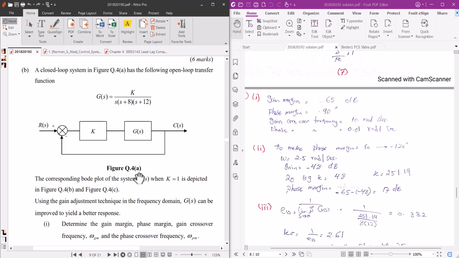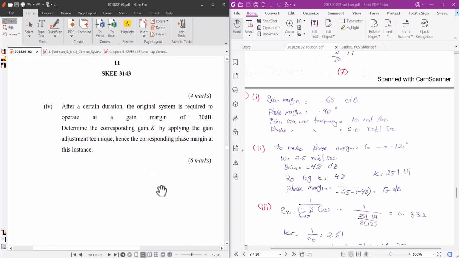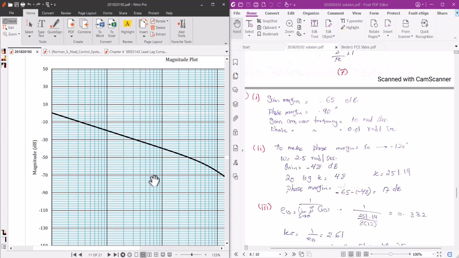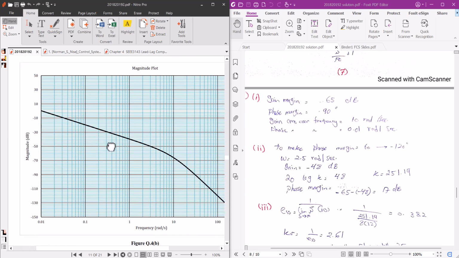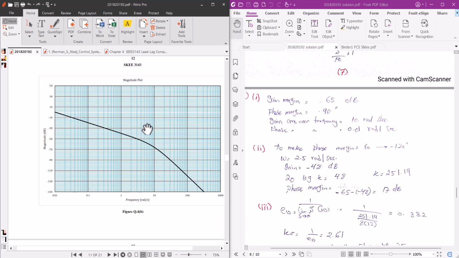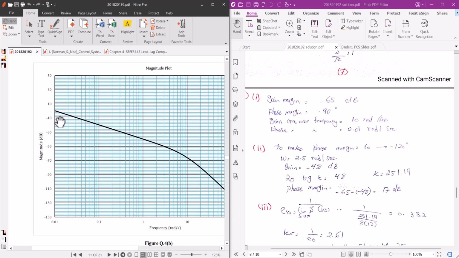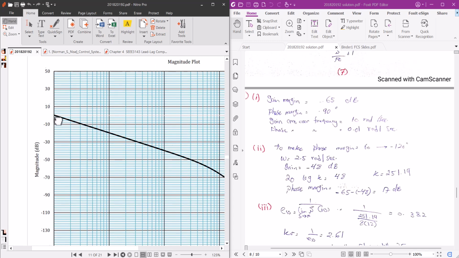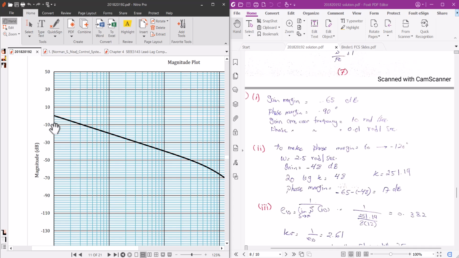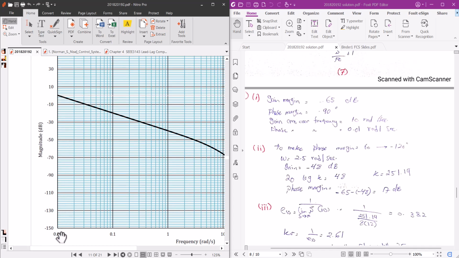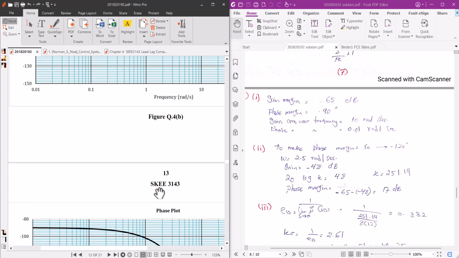The corresponding Bode plot of the system when K is equal to 1 is depicted in figures 4b and 4c. Here we can see our gain crossover frequency, because this is approximately 0 dB, at 0.01 radian per second.